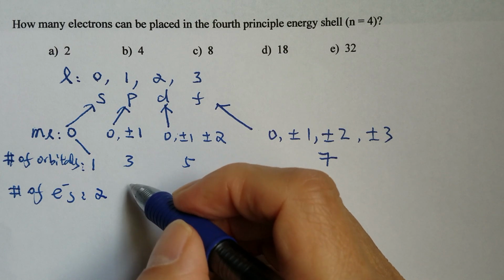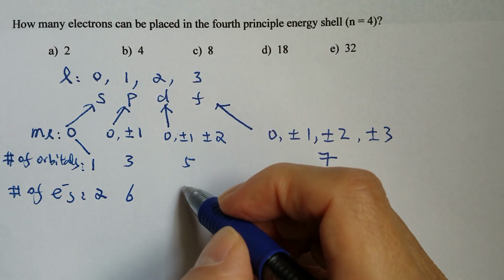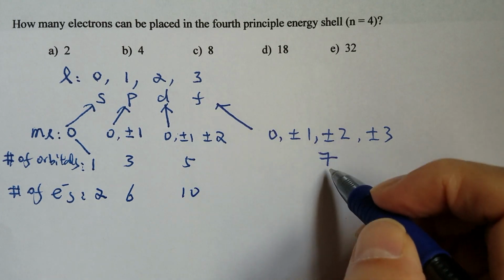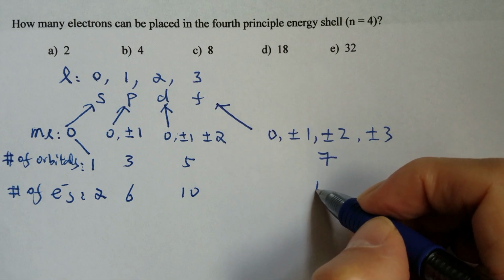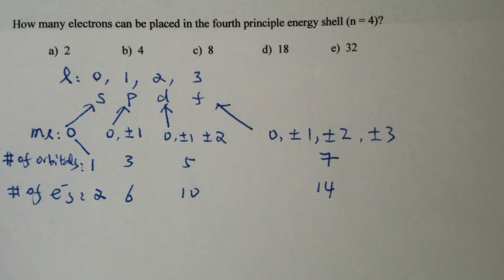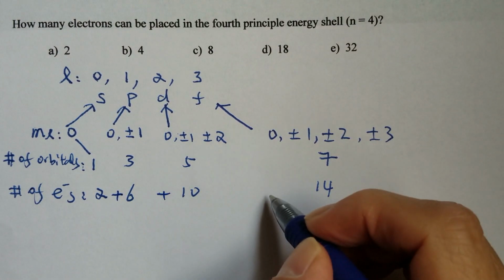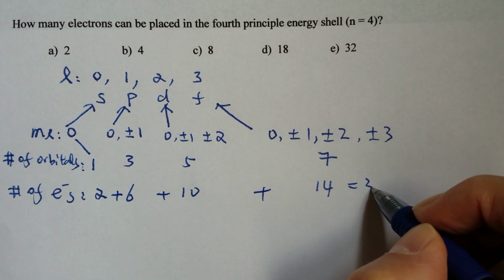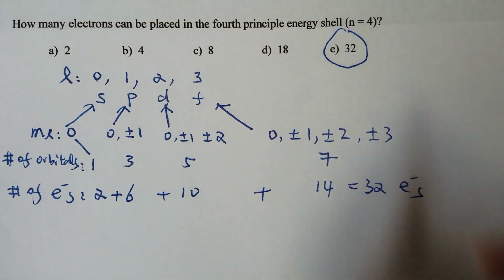For p, 3 times 2, 6. For d, that's 10. For f subshell, that's 14. Now if you add them up, that should be 32 electrons. And that should be the answer.